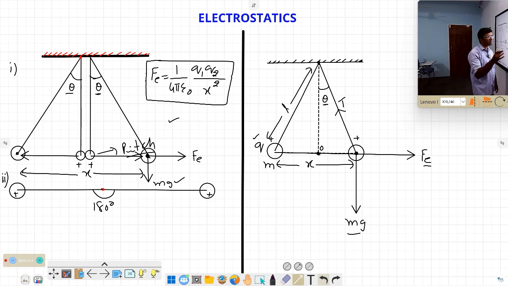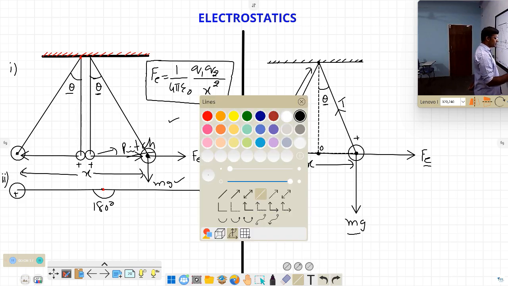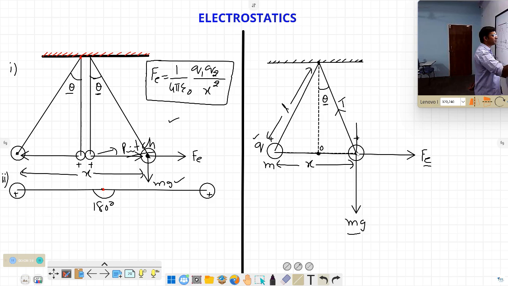To understand this, at equilibrium we found three forces. To solve this, I take a coordinate system from this point, with the x-axis and the y-axis.